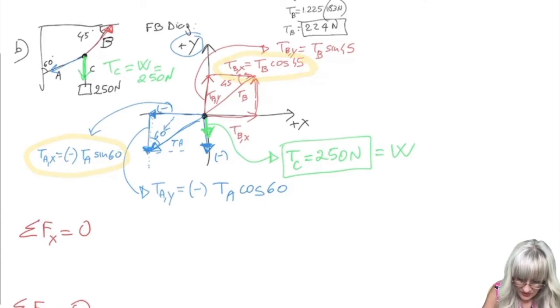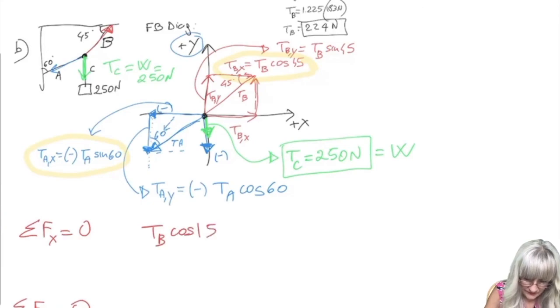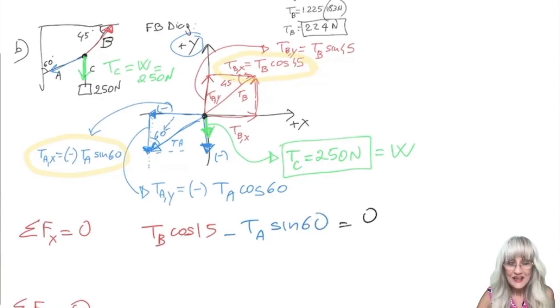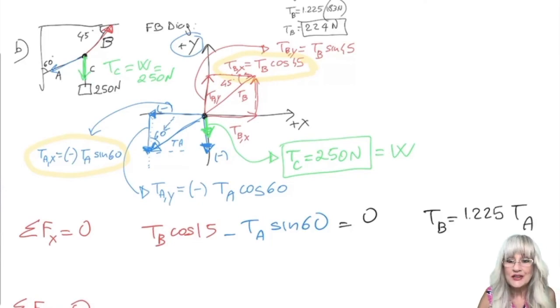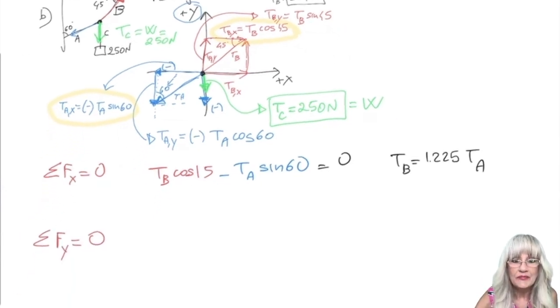I have TB cosine of 45 minus T of A sine of 60 equals 0. So like I did above, T of B comes out 1.225 times the tension in cable A.